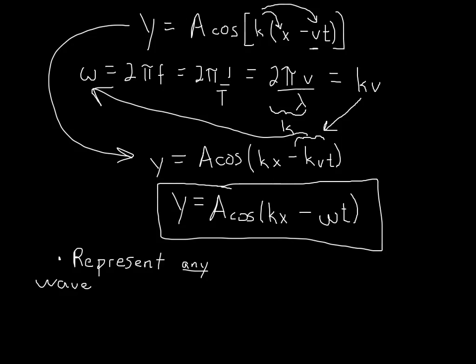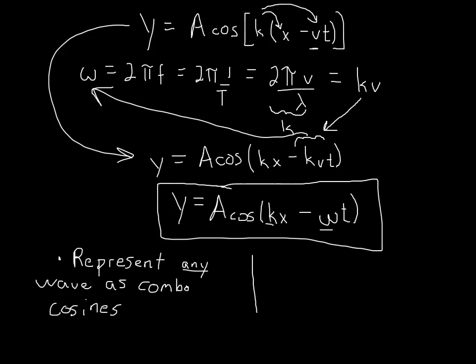I can change the amplitude, I can change the wave number k, I can change the frequency omega. By doing that, I can represent any wave as a combination of these kinds of cosines, of this general wave equation shape. So this is very useful and has been very valuable for medical imaging.